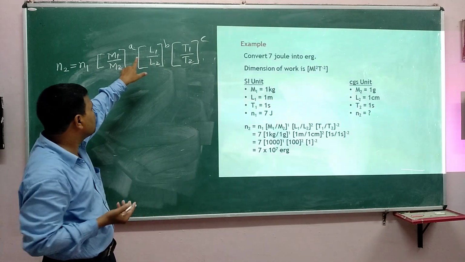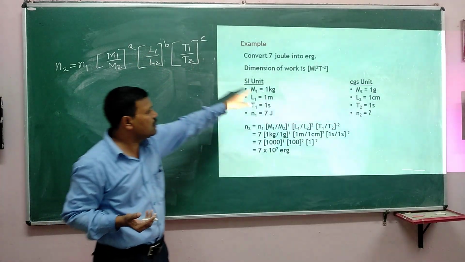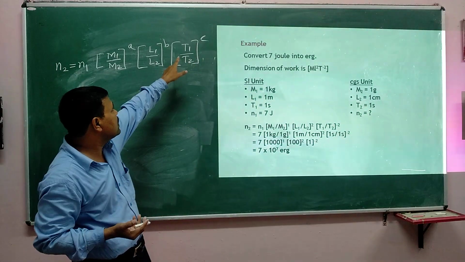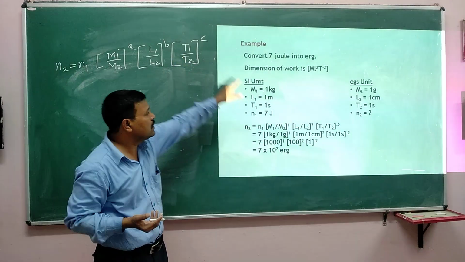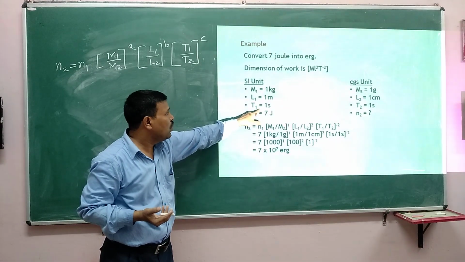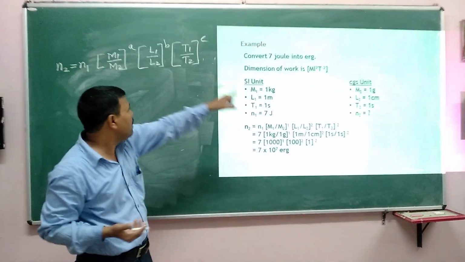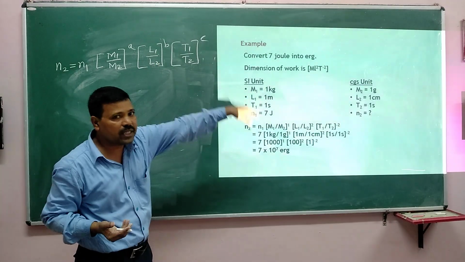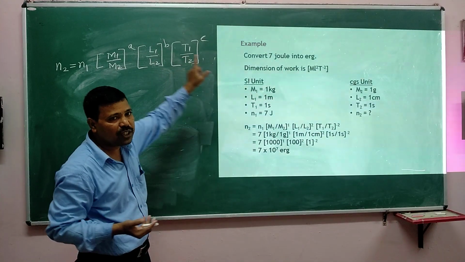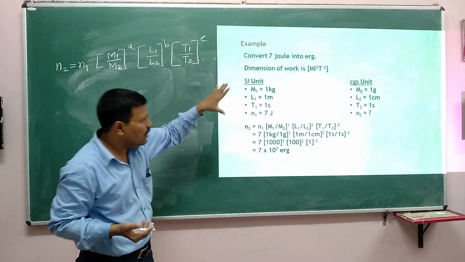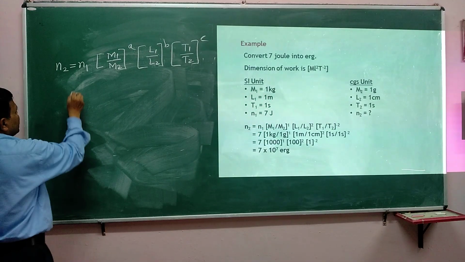In the SI system, the length is measured in meter. In the SI system, the time is measured in seconds. Whereas in the CGS system, the mass is measured in gram, the length is measured in centimeter, the time is measured in second.